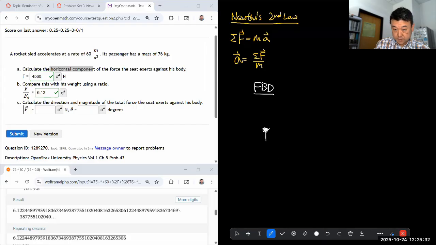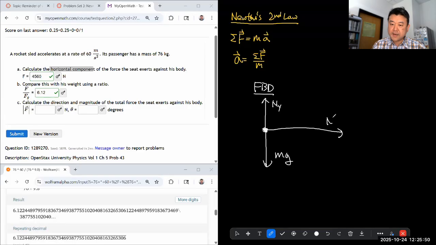There's gravity pulling the passenger down, mg, and there's normal force, this vertical component of the force from the seat pushing the passenger up. Let me call this ny. And this is also technically normal force, but it's nx, accelerating the passenger horizontally.